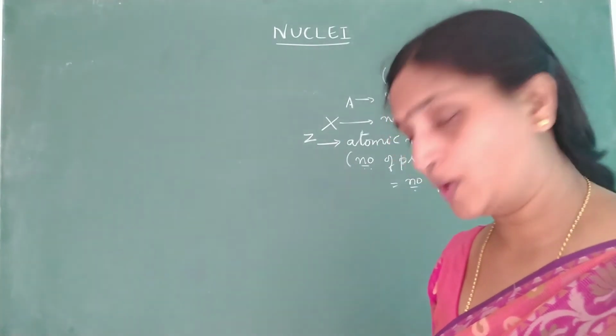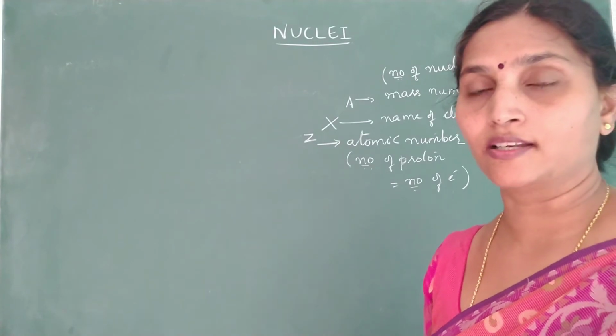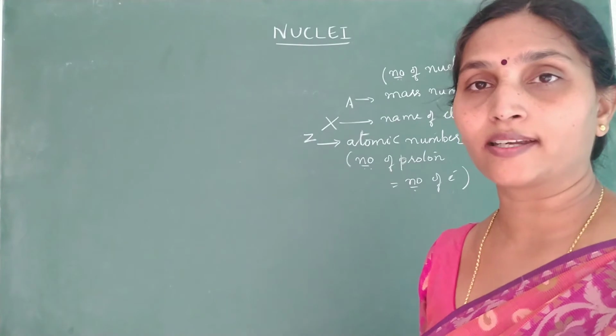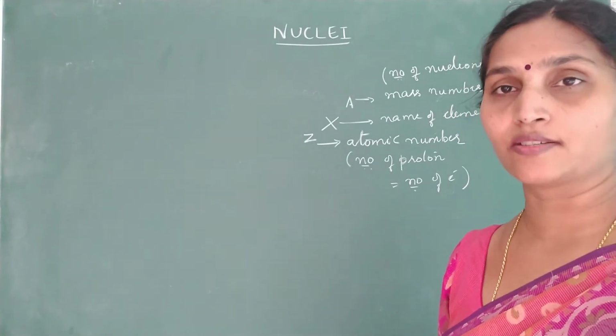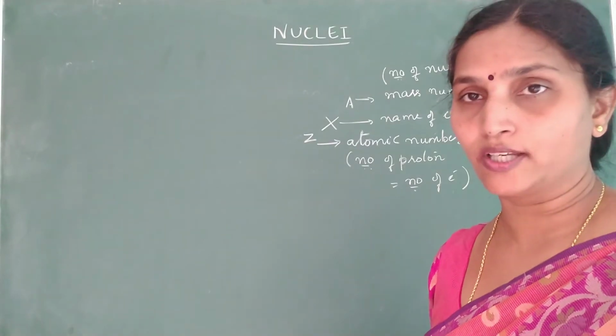Now coming to the properties of nucleus, from Rutherford's scattering experiment itself, we have observed that the nucleus is a central part of the atom, which is heavy and positively charged. In today's class, we will be discussing more about this nucleus.